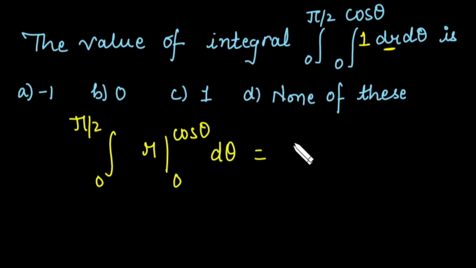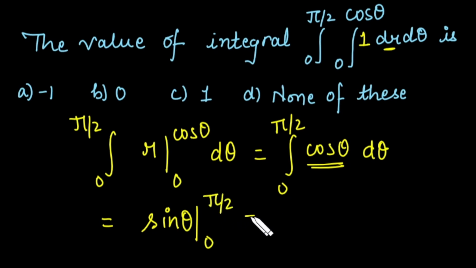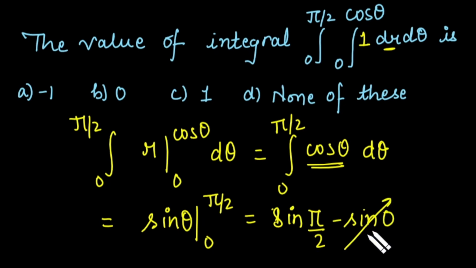This is equal to the integral from 0 to pi by 2 of cos theta minus 0, and d theta as it is. What is the integration of cos? That is sin theta. The limits of theta are 0 to pi by 2. This is equal to sin pi by 2 minus sin 0. Sin 0 is 0, sin pi by 2 is 1. Hence option C is correct.